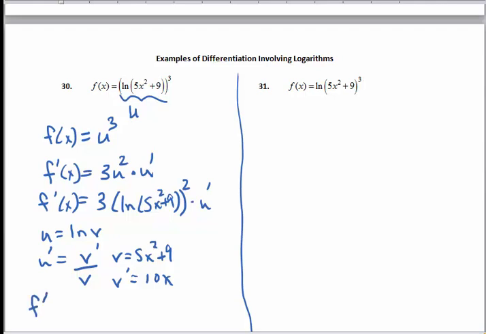I end up with f prime of x equals 3 times the ln of 5x squared plus 9, that whole natural log squared, and then I'm going to multiply that by v prime, which was 10x, over v, which is 5x squared plus 9.